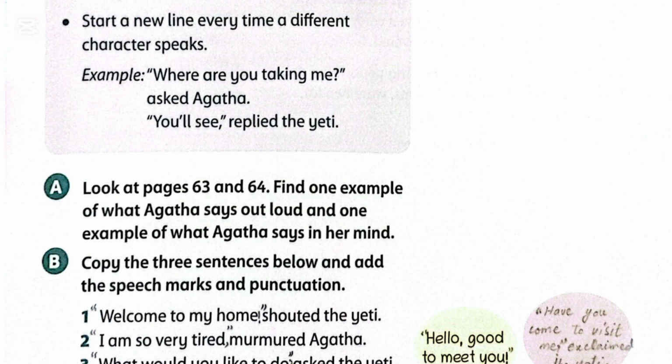Then the second one is: "I am so very tired," murmured Agatha. I am so very tired is a dialogue, so we put speech marks there, and after tired we put a comma, and comma is the punctuation mark. First we put the comma and then we put the speech mark there.